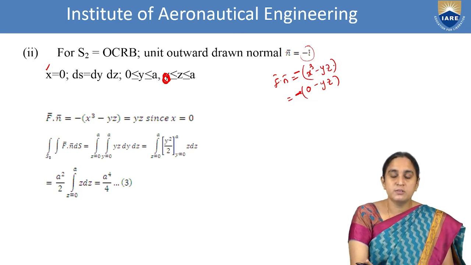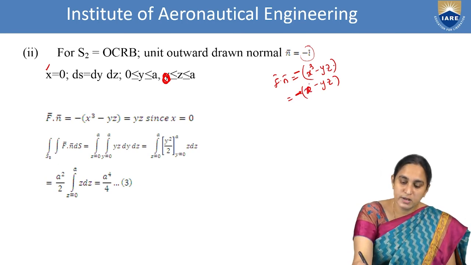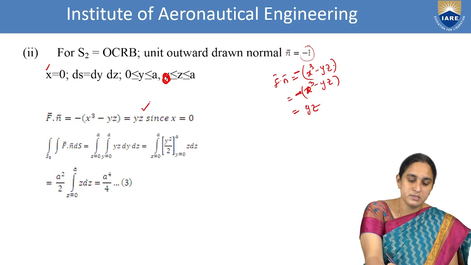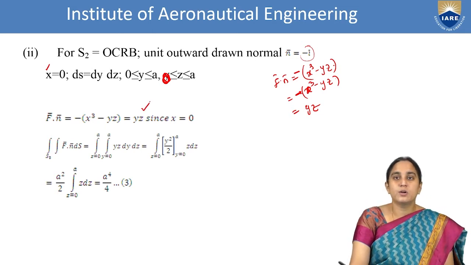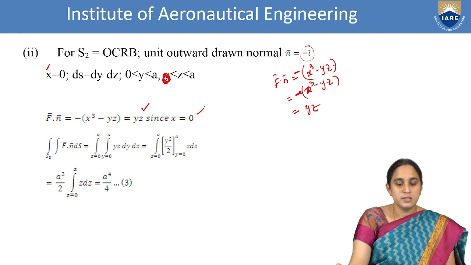After the product of the two vectors, we got minus of x cube minus yz. But what is x here? 0. That is minus into minus, plus yz. So f bar dot n bar is equal to yz, when you substitute x is equal to 0.